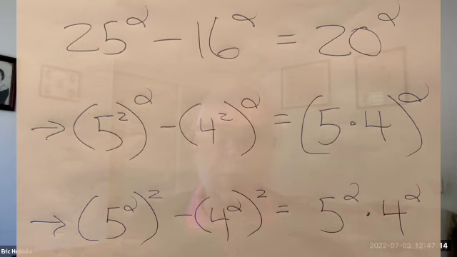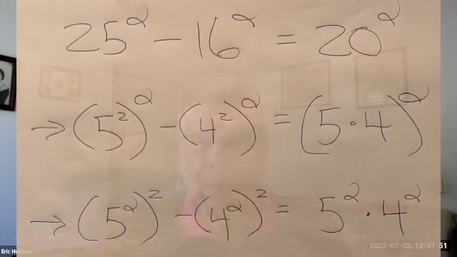So we can re-express this original equation in terms of 5s and 4s. And noting that 5 squared raised to the power alpha is the same as 5 raised to the power alpha, squared, likewise here, we can re-express the original equation now in terms of 5 raised to the power alpha and 4 raised to the power alpha.